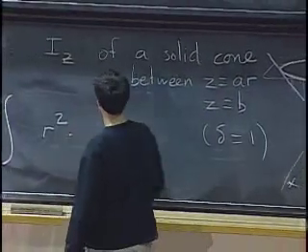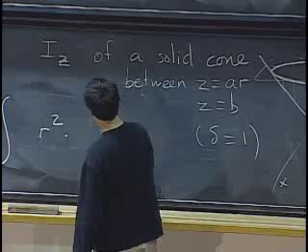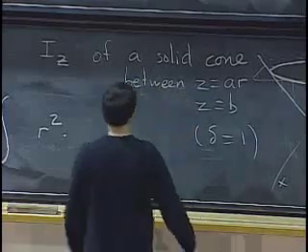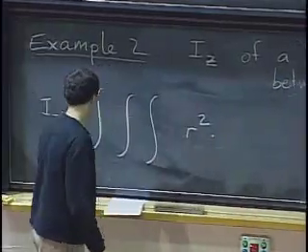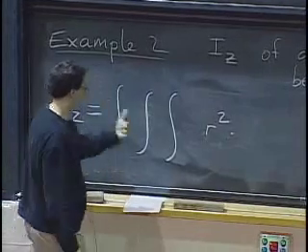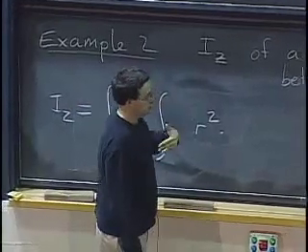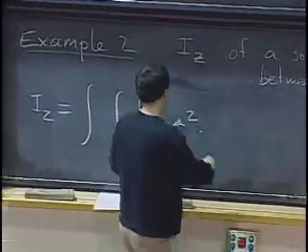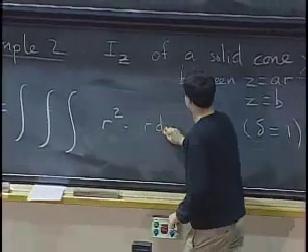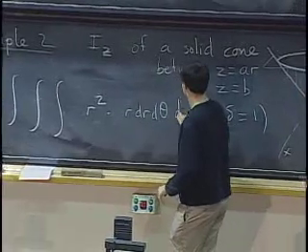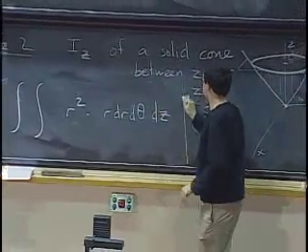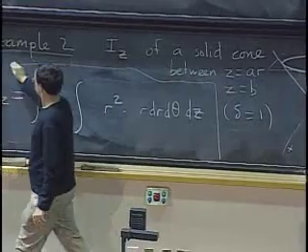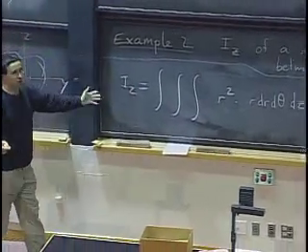I still have dV. Now it's my choice between doing dz first or r dr d theta first. Just to show you how it goes the other way around, let me do r dr d theta dz this time. Then you can decide on a case-by-case basis which one you like best.